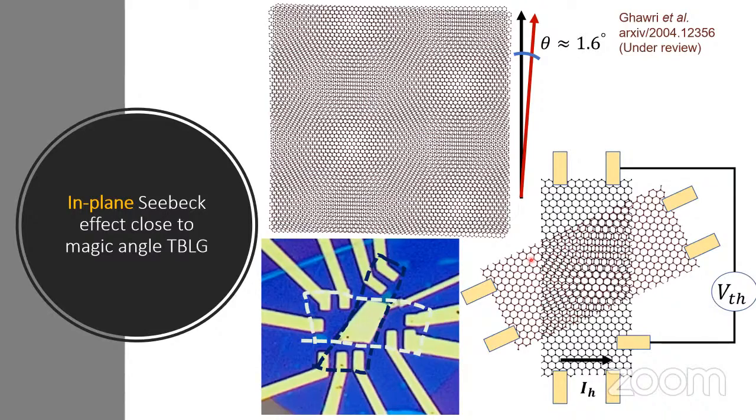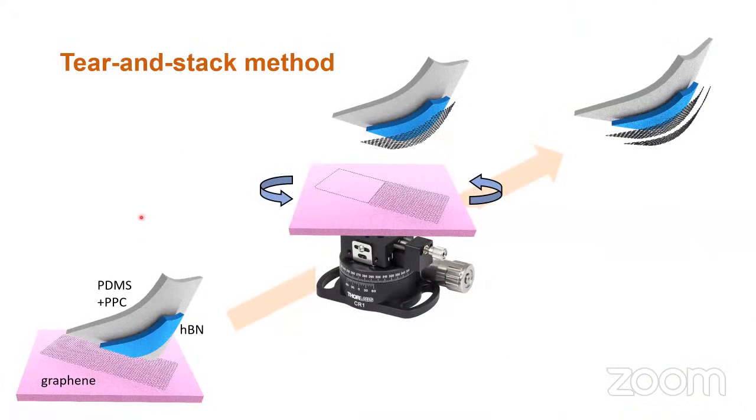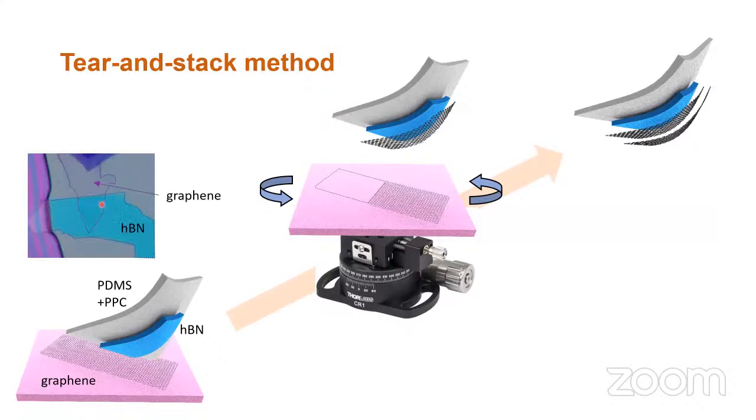Apart from this way of a 60 degree additional angle, we also make samples using this tear and stack method, which is coming from the MIT group, and now students here can do this quite regularly. For example, you take the full graphene layer, use a boron nitride to cut it, and then take it on top of this and give it a small twist.